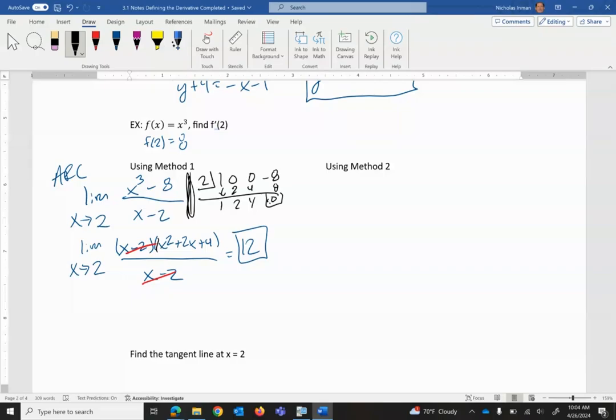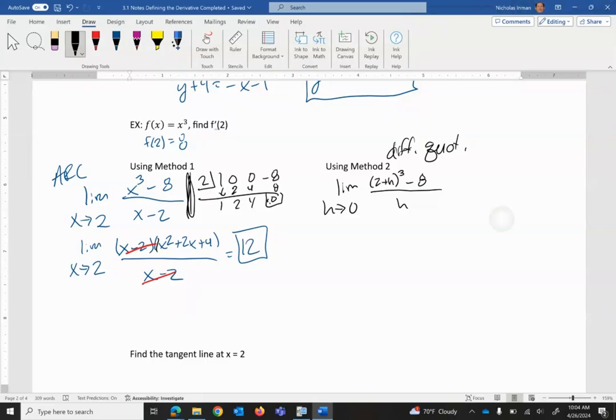All right, the difference quotient method. We say the limit as h approaches 0, with h on the bottom, of our x value, 2 plus h cubed, minus our y value at 2, and we have 8. The hard part here is that we can't just plug in 0, we'd have 0 on the bottom. So now we have to cube this thing.